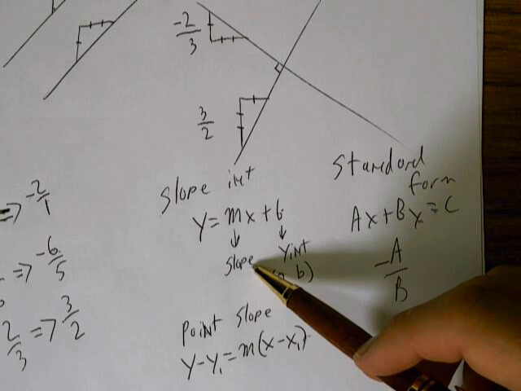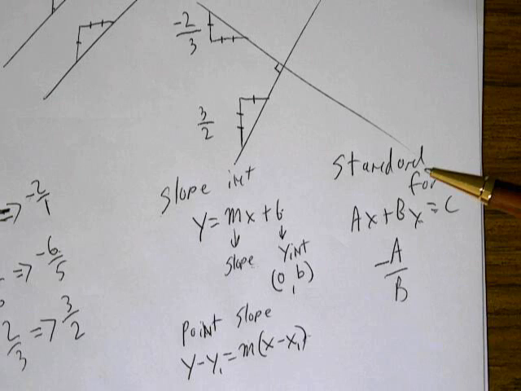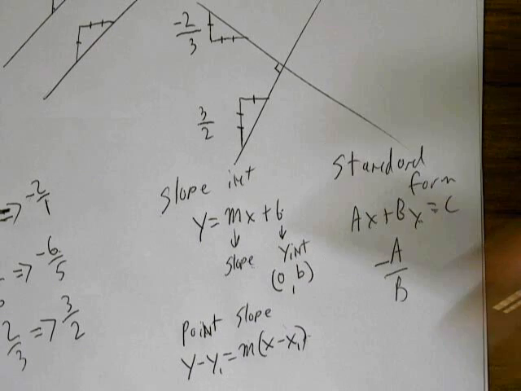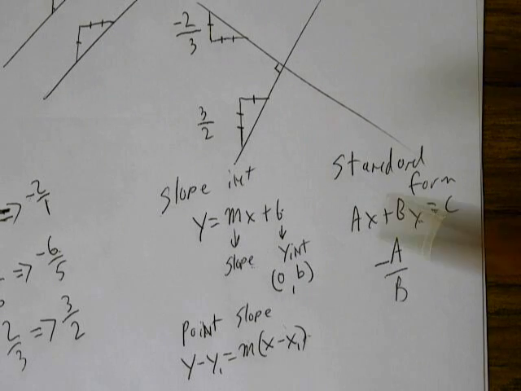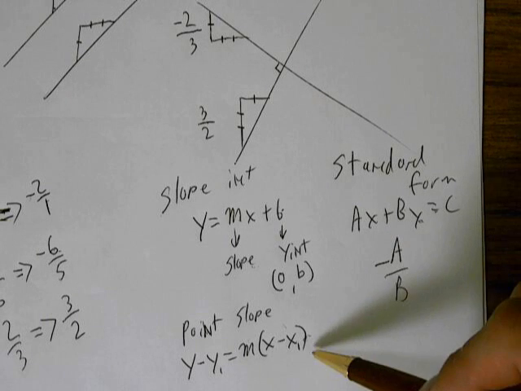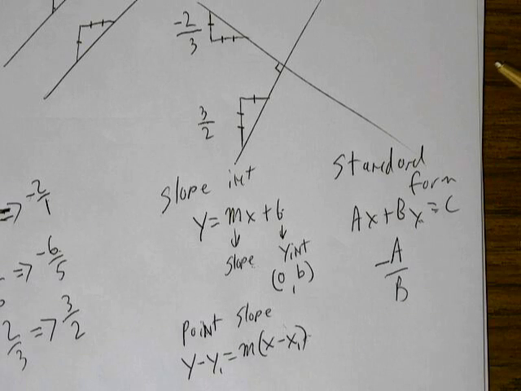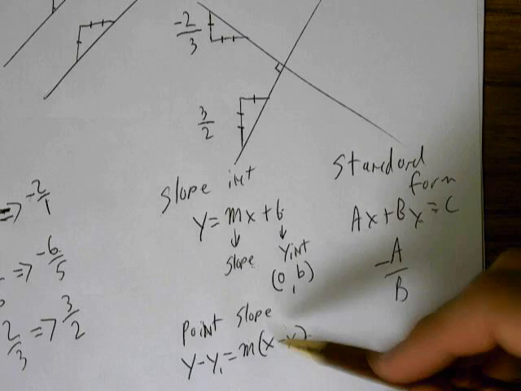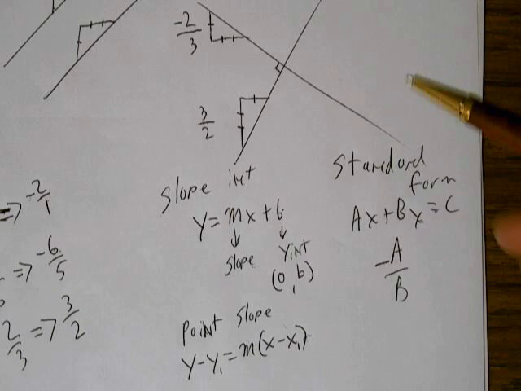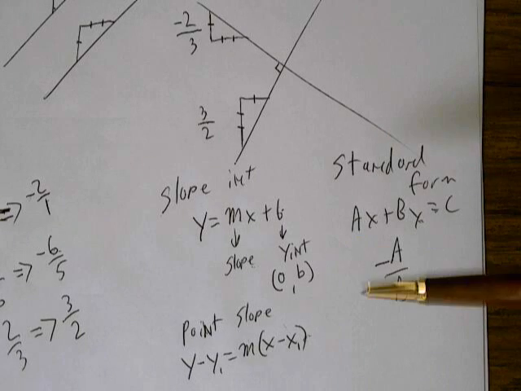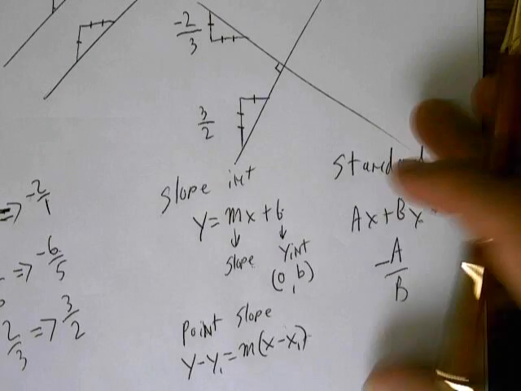This one is the quickest to go from a graph to an equation, I think. So they all have very, very powerful uses. And if I take any one of them and do some algebra and make them look like any of the other ones, it's the same line. You do algebra to an equation, it doesn't change where the line is, especially if you do it right. If you make a mistake, then that might.